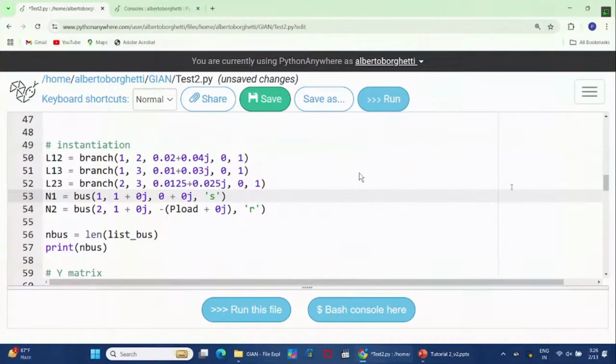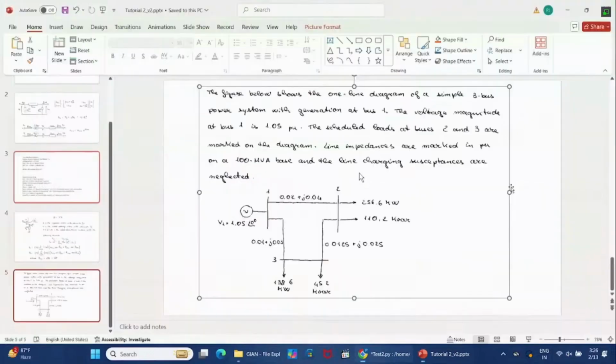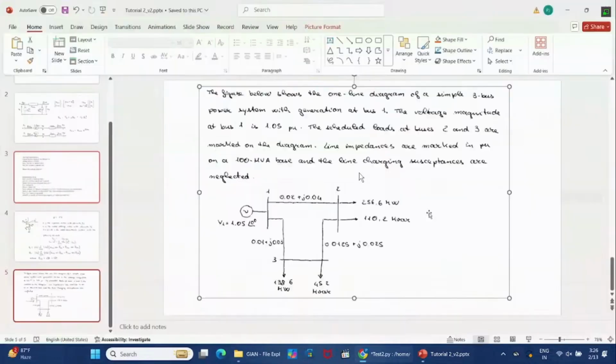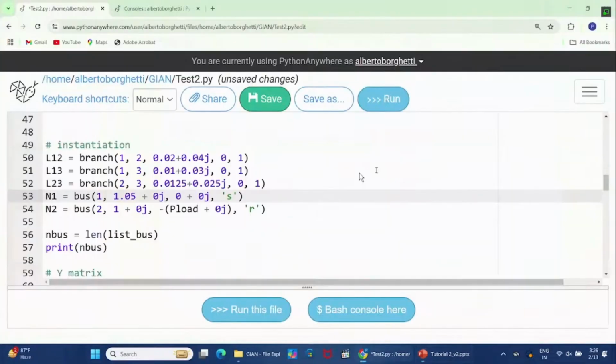So it is the voltage, so I can put in 1, it is the slack bus, and the slack bus has the voltage that is fixed and also the angle, so it is 1.05, 1.05, the angle is 0. And then the power, we don't know. We need to calculate at the end, so we can put just 0. And it is for sure a slack bus, because it is the only generator, so we don't have a choice.